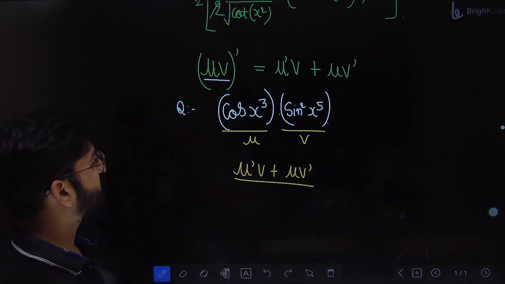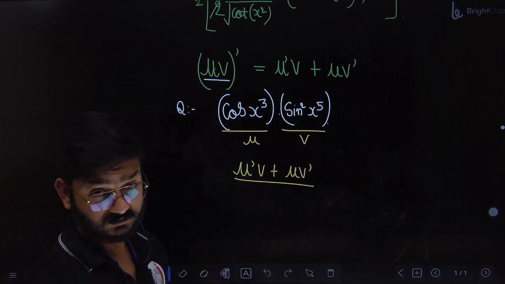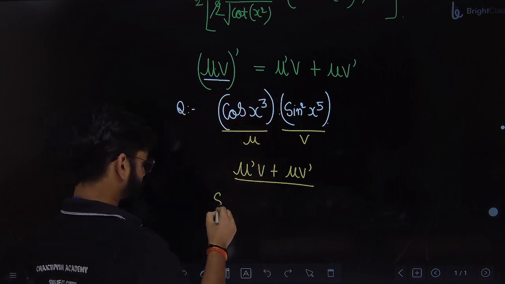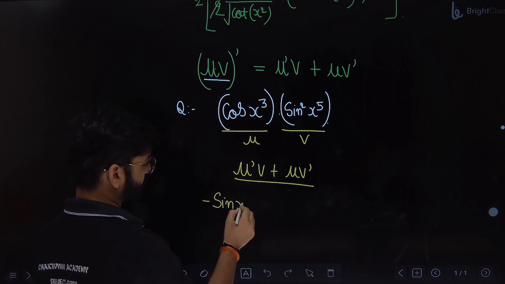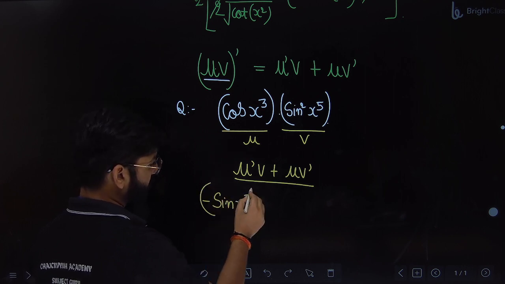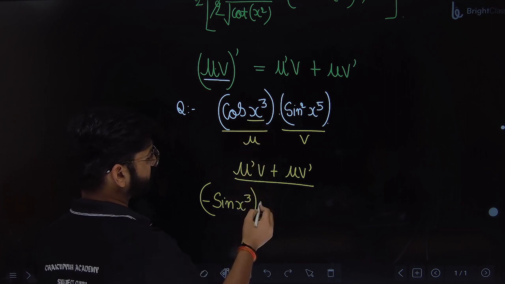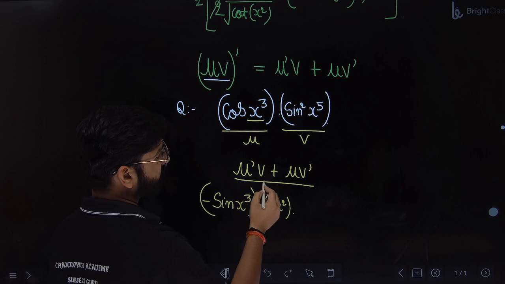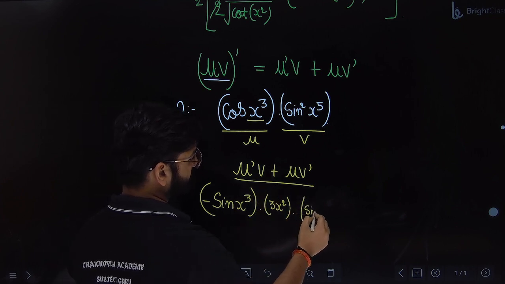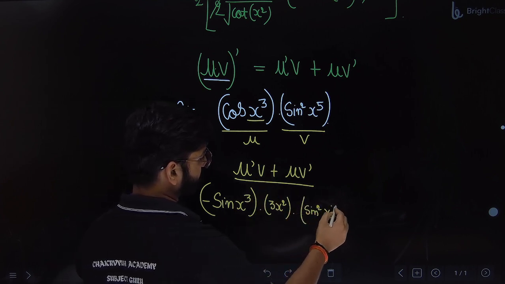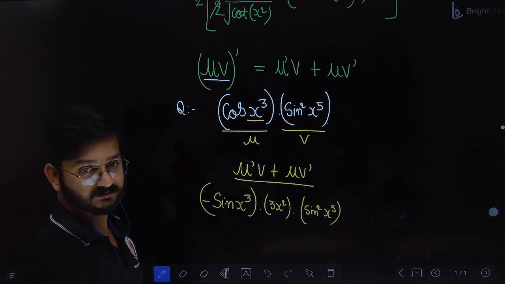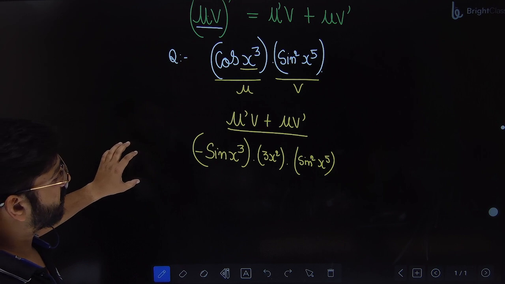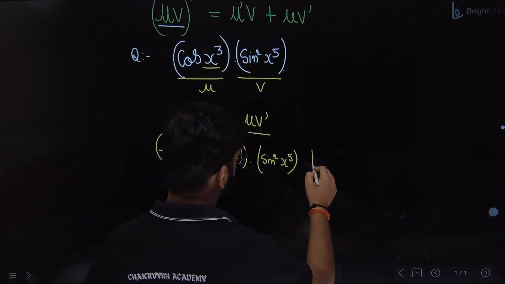So if I differentiate this, we will use what rule? Chain rule. So cos theta gives minus sin theta, into what is the differentiation of x cube? 3x square, multiplied by v, which is sine square of x to the power 5. Any problem? All of you check the steps. Any student having doubt, clarify quickly.